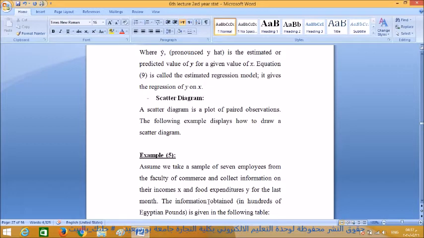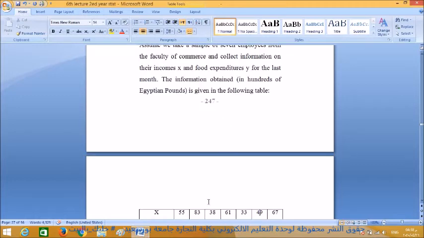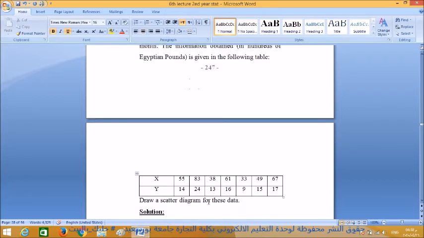Assume we take a sample of 7 employees from the Faculty of Commerce and collect information on their incomes X and food expenditures Y for the last month. The information obtained, in hundreds of Egyptian pounds, is given in the following table, X and Y. Draw a scatter diagram for these data.